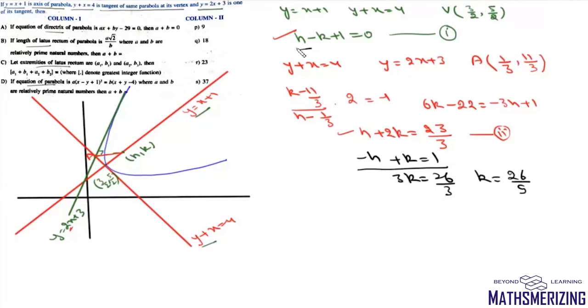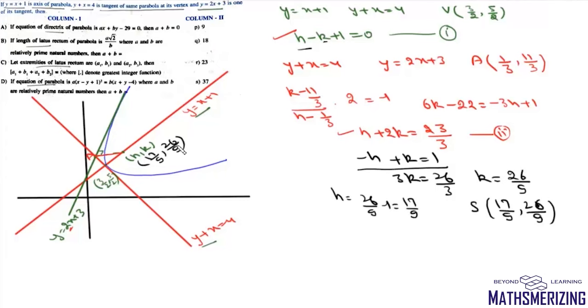If we put the value of k in this equation, we get h as 26 by 9 minus 1, which is 17 by 9. So the focus of this parabola is at (17/9, 26/9).